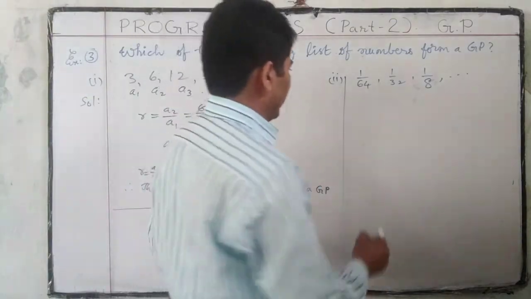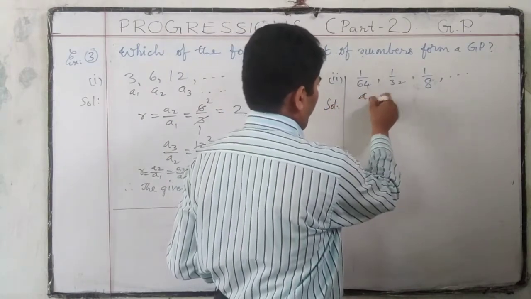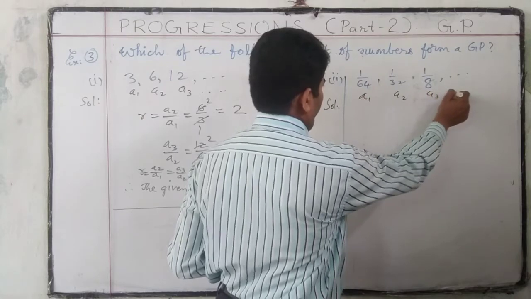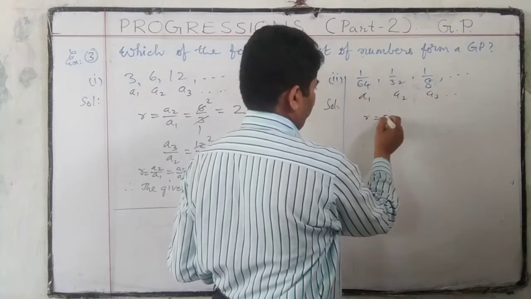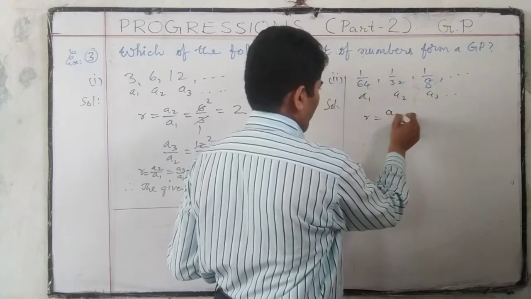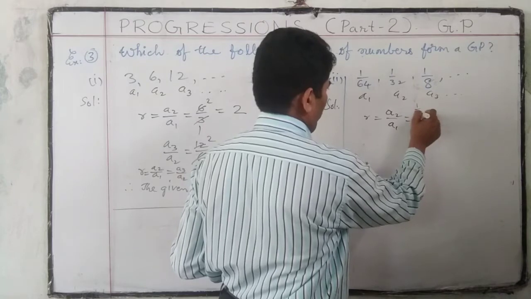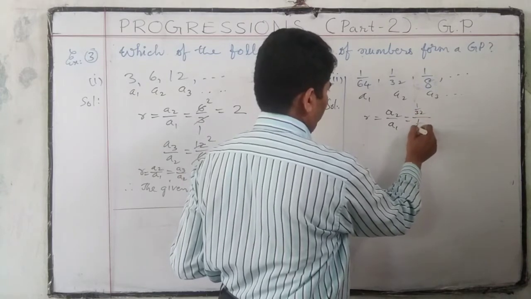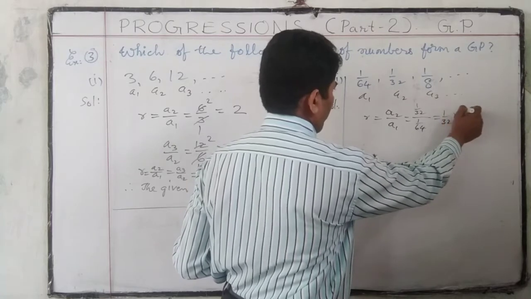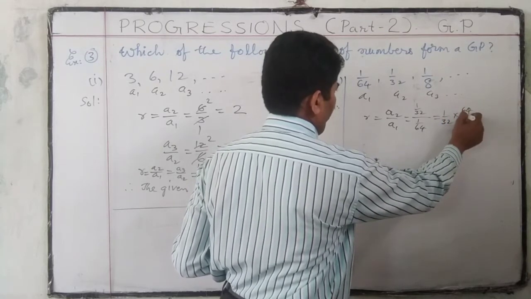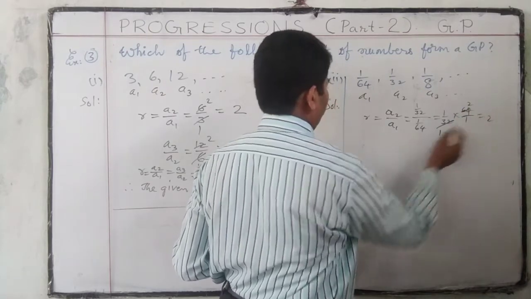Next, here we can check the same way: a1, a2, a3 and so on. Common ratio r is equal to a2 by a1, 1 by 32 divided by 1 by 64, that is 1 by 32 into 64 by 1, 32 ones are 32, 32 twos are 64, so 2.